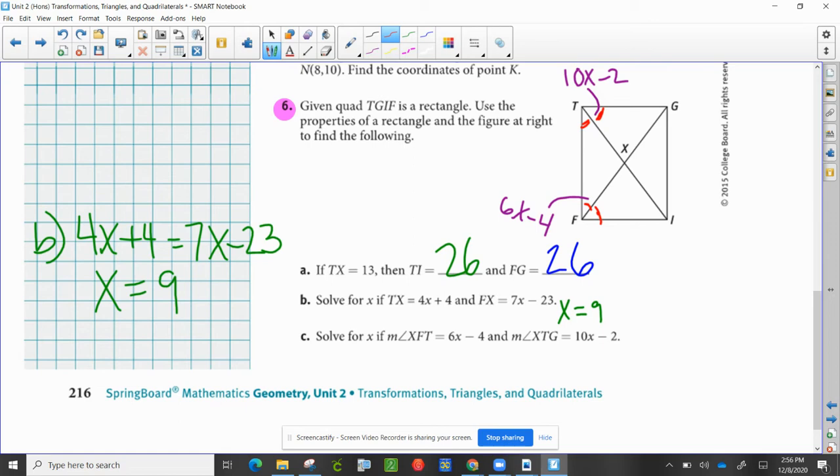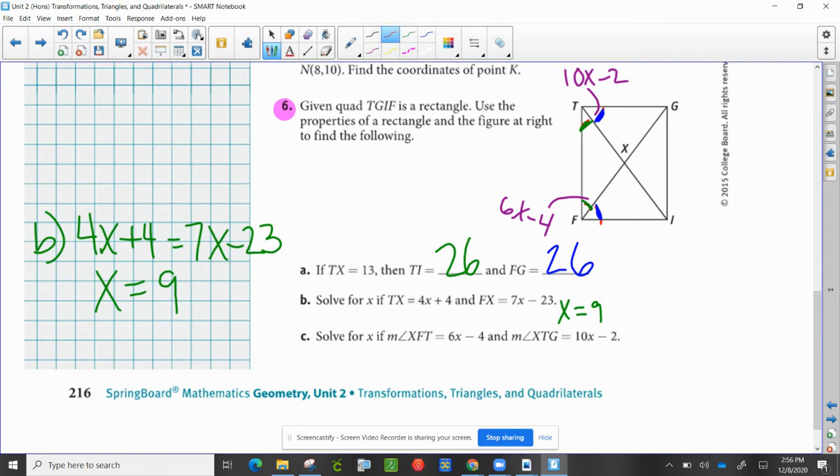So we can set this up knowing that this angle, TFX, is congruent to angle X. Maybe I'll use a color here. This angle and these angles are congruent. So are these angles and these angles. So we have to set this up knowing that we have two angles.